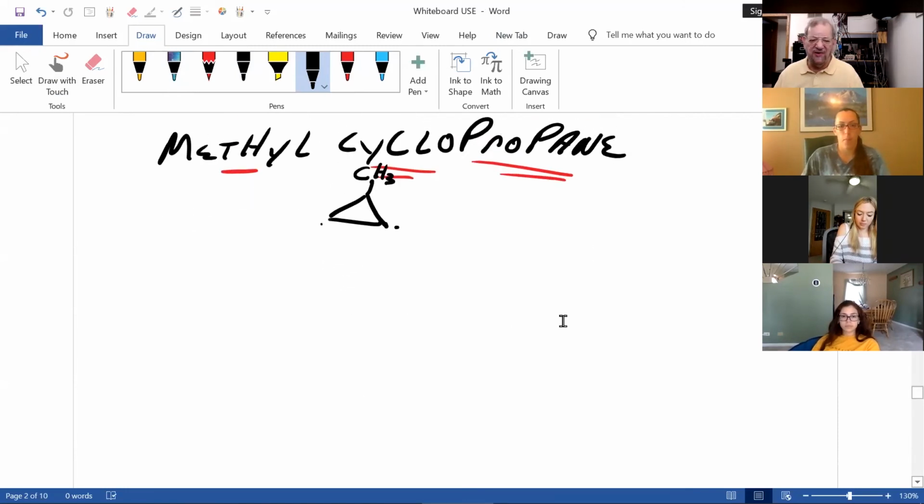And that's how you do nomenclature of rings and alkanes. On test number 1, there'll be 2 types of nomenclature question. Here's the structure, give the IUPAC name. Here's the name, draw the structure.